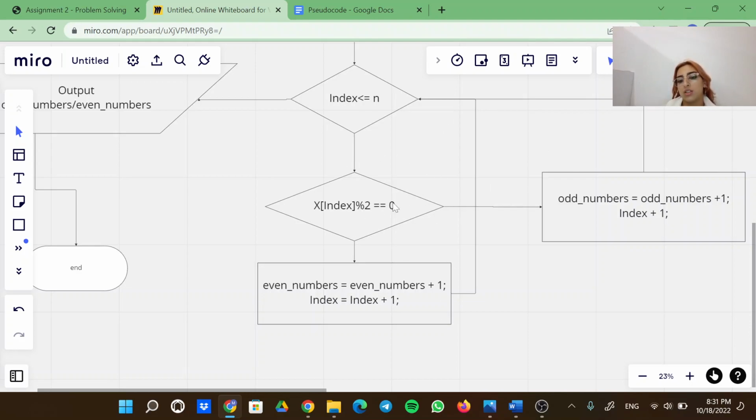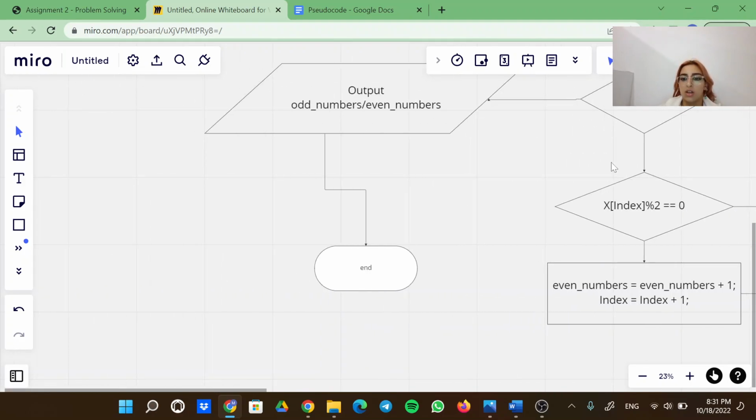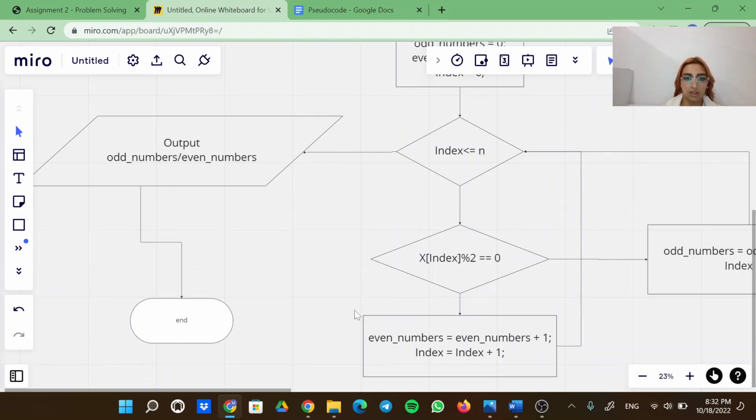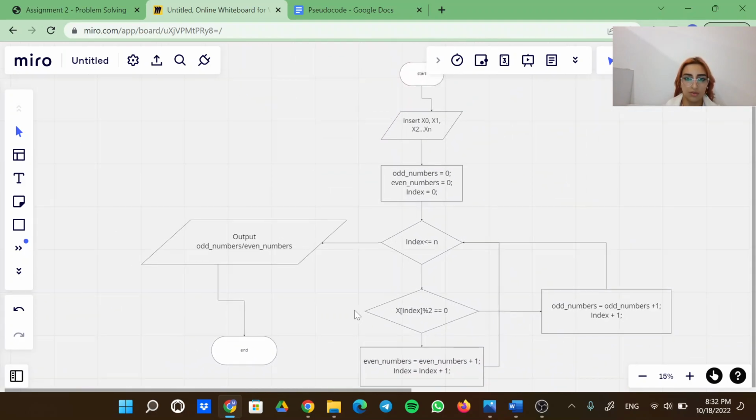If the remainder isn't 0, the count of odd numbers is increased by 1 and the index changes too. When the cycle is over, when index is bigger than n, the output comes: odd numbers ratio to even numbers, and the output is given to us.